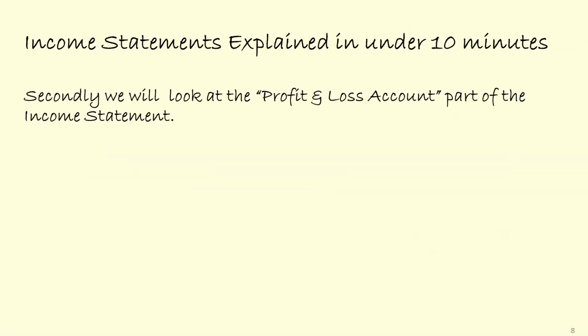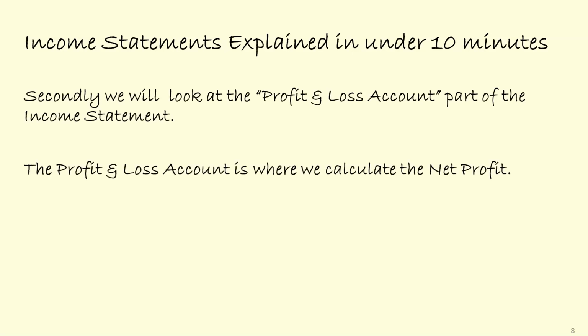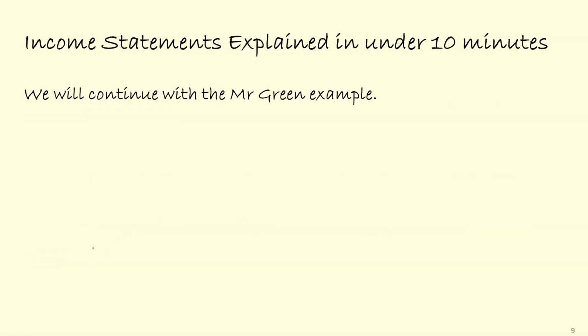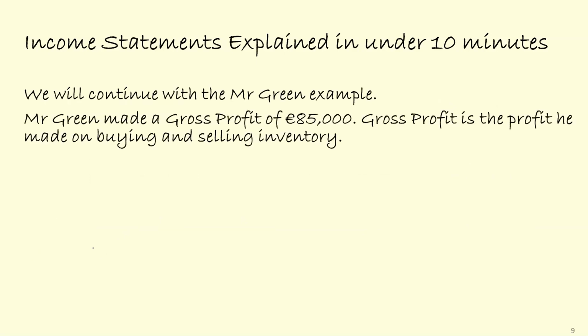Now we will look at the profit and loss part of the income statement. The profit and loss account is where we calculate the net profit, and the net profit is arrived at after deducting all expenses from the gross profit. So remember, at this stage we actually have the gross profit now. So we will continue with the Mr. Green example. Mr. Green made a gross profit of 85,000.